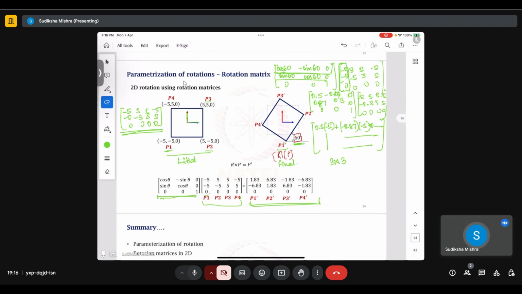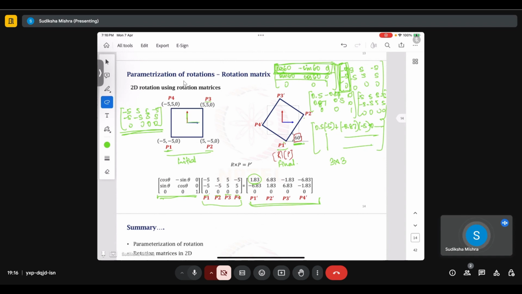This is P1, this is P2, P3 and P4. To get this term, you multiply this particular row with the column here.